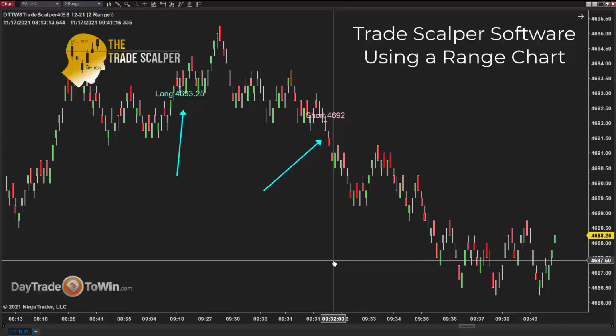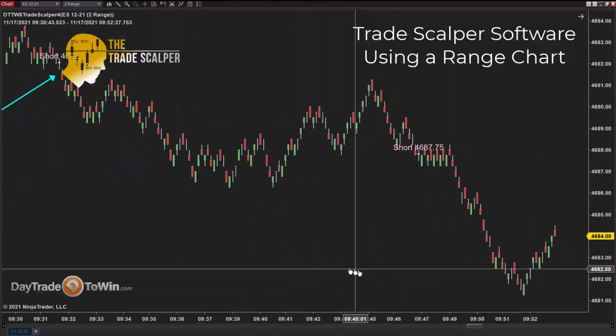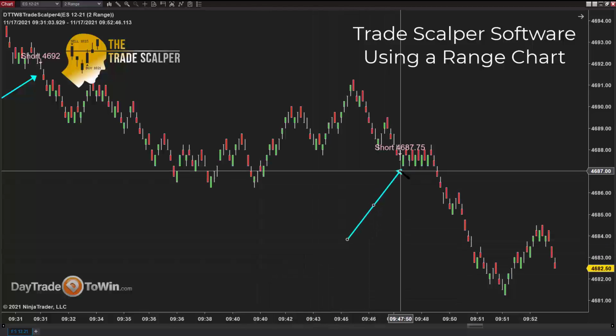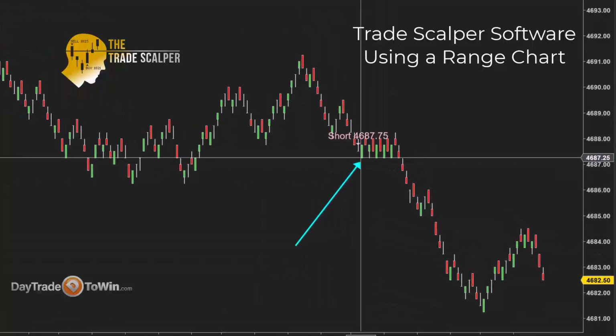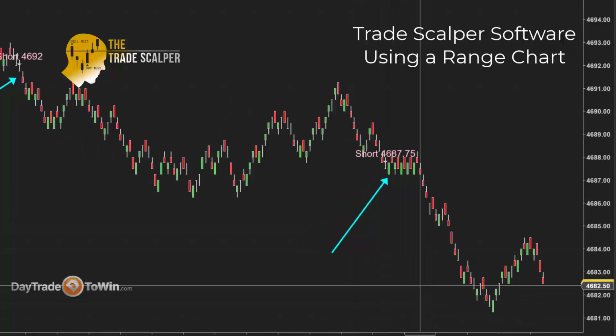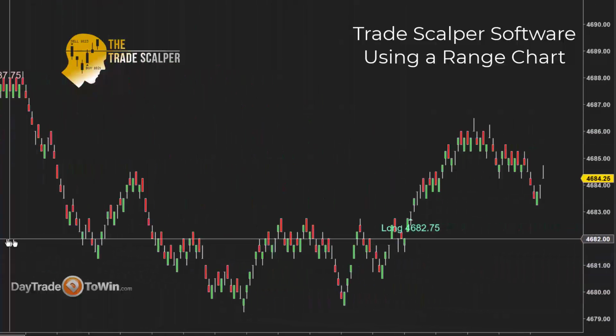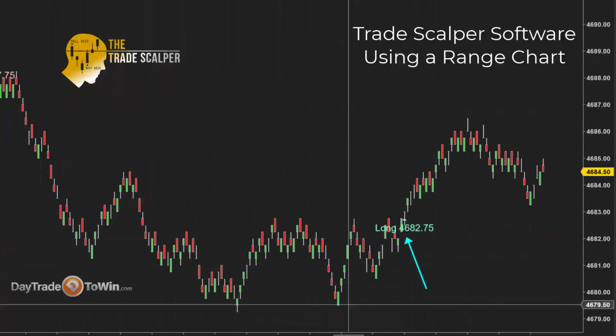And as we go throughout the day, whether you took a trade pre-market or overnight or not, there are plenty of opportunities. So you can see here at about 9:47, there was a great short opportunity at 46.8775. And as we continue here, here is a long trade.